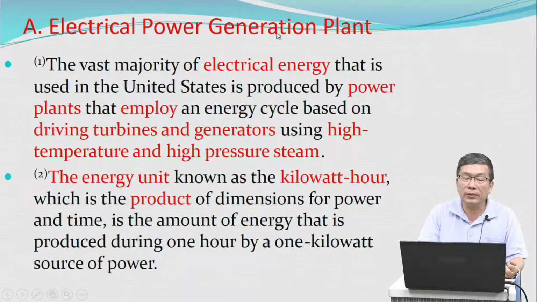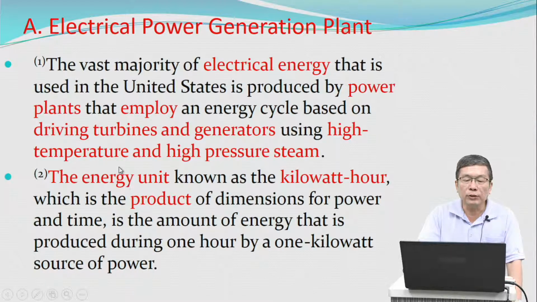Electrical power generation plant. The vast majority of electrical energy that is used in the United States is produced by power plants that employ an energy cycle based on driving the turbines and the generators using high temperature and high pressure steam.